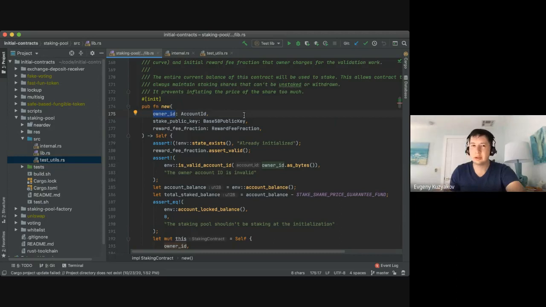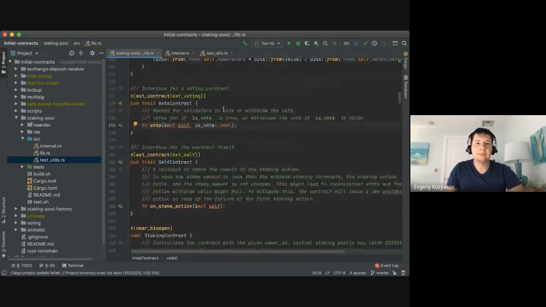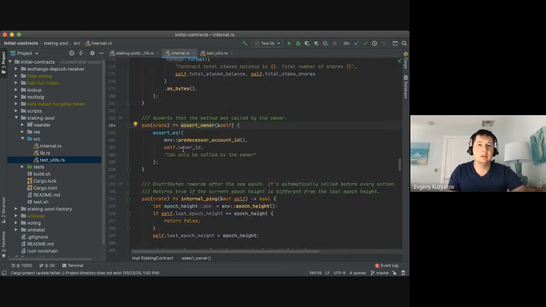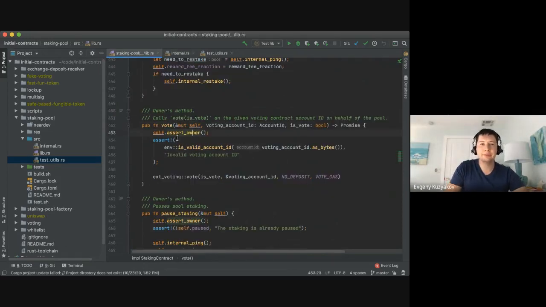So the owner can call the vote method, we verify that the predecessor equals the owner. So this method can only be called by the owner.